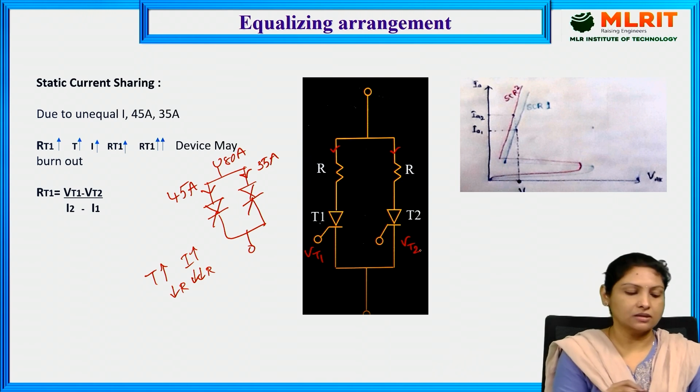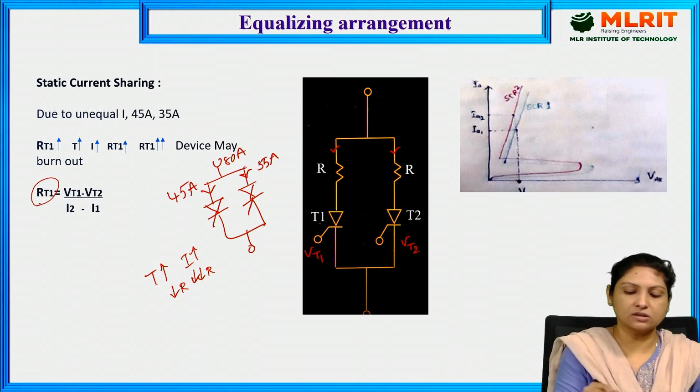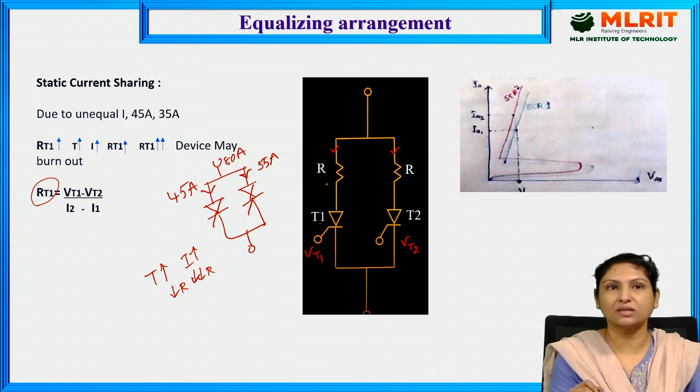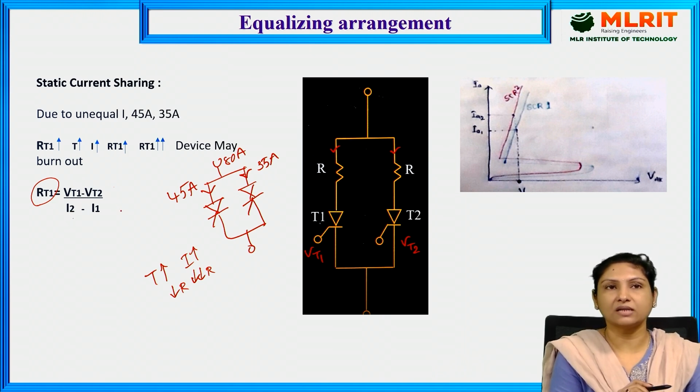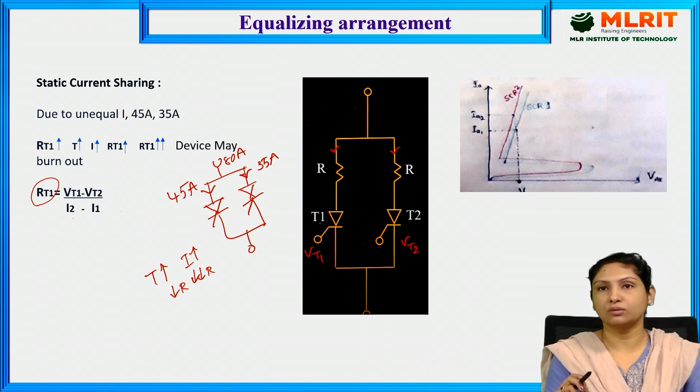In that case, the equivalent value of the resistance to be connected in series with each SCR is given by (VT1 minus VT2) divided by (I2 minus I1). That is how we balance the current flowing through each SCR and avoid overcurrent flow through the SCRs.